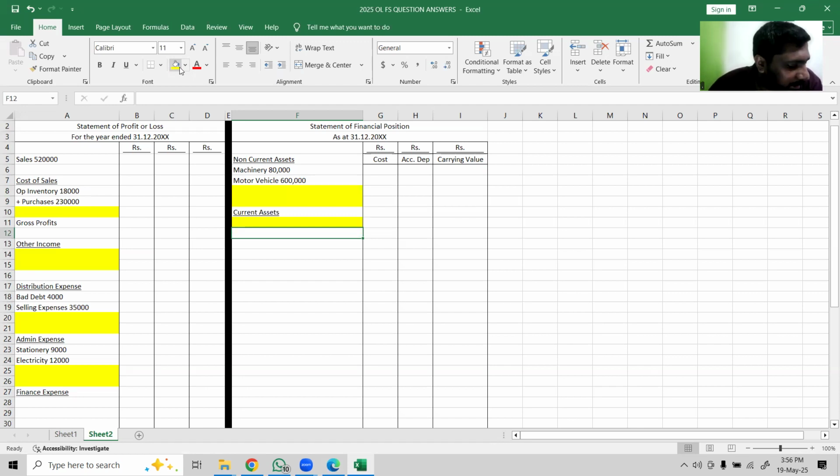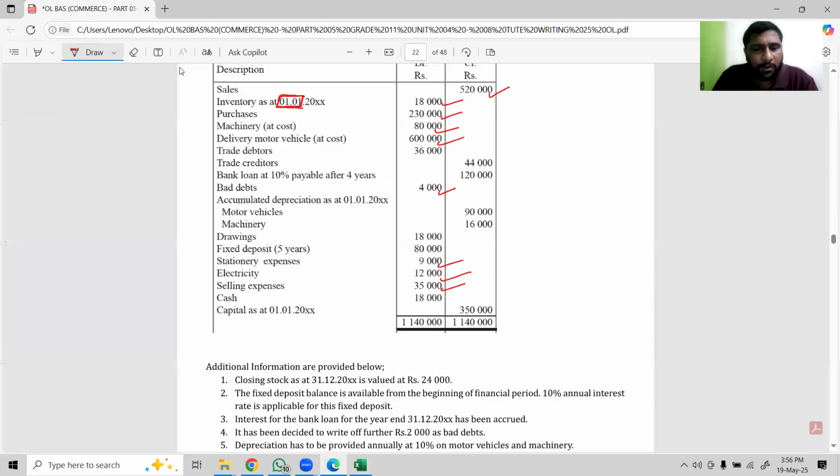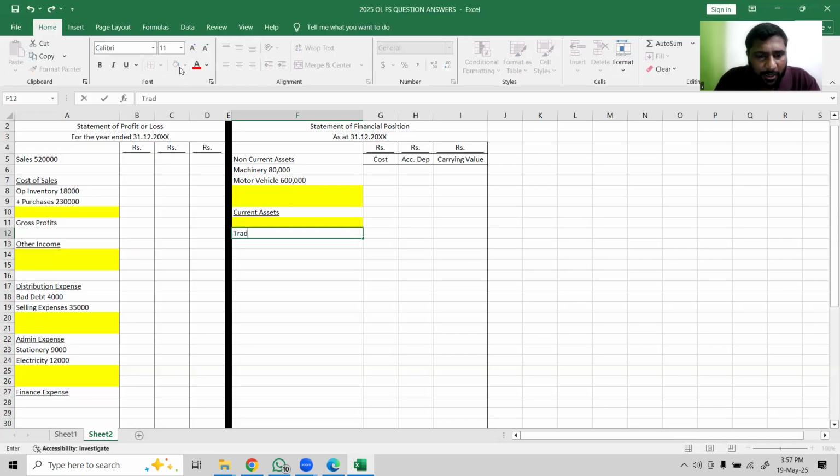Don't write anything in the closing inventory. Then we have trade debtors, 36,000.